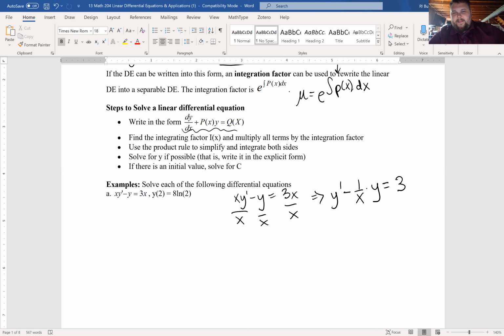Now, why did I write it that way? Well, the format we want is y prime plus some function of x times y equals some function of x, q. So p of x can easily be seen in the problem.